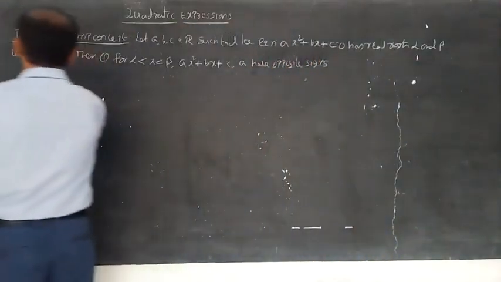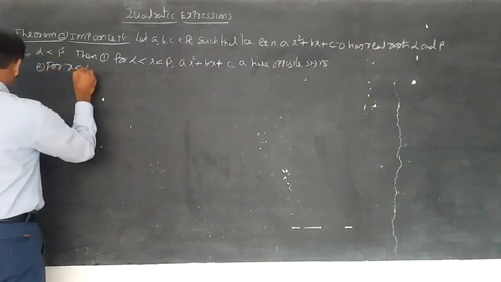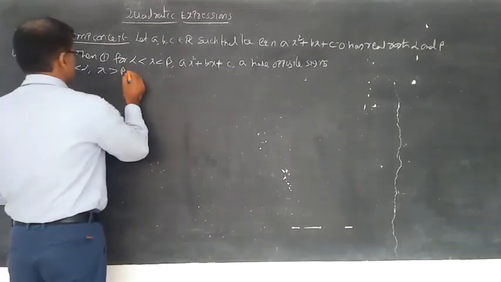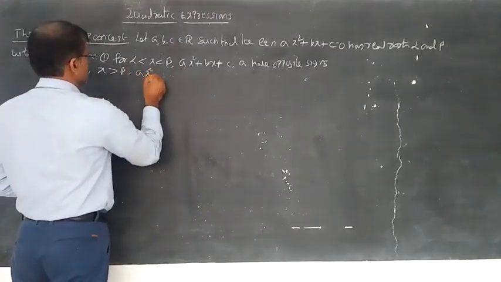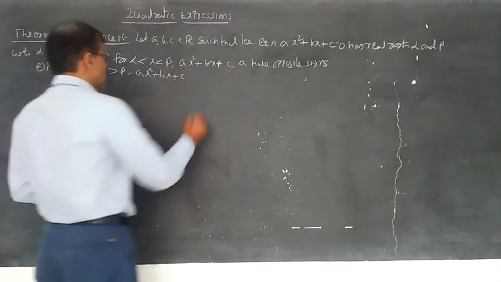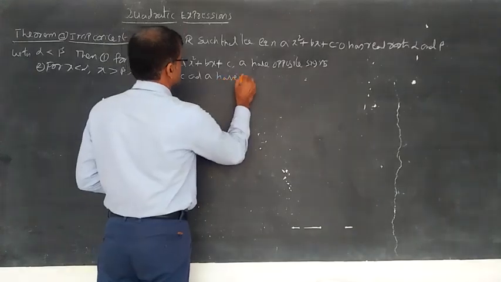Second one: for x less than alpha and x greater than beta, ax square plus bx plus c and a have the same sign.